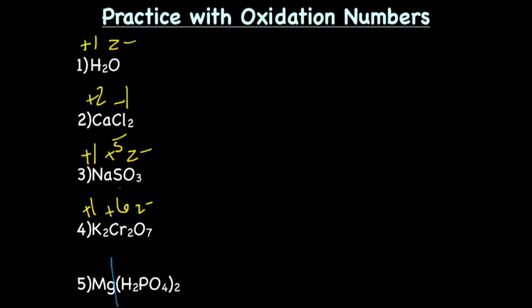So we have magnesium, which is a cation, and dihydrogen phosphate, a polyatomic, which is the anion. So we can once again use the charge of magnesium as the oxidation number for magnesium. So it's going to be plus 2. From our rules, we know that oxygen is going to be 2 minus, and we know that hydrogen is going to be 1 plus. So now we just need to figure out what in the world is phosphorus.